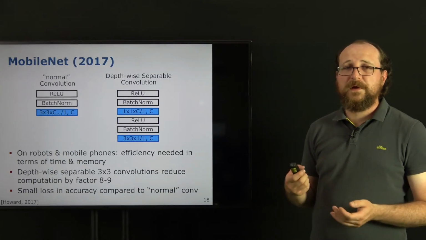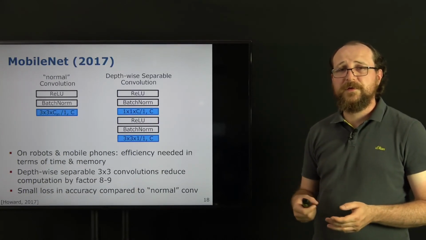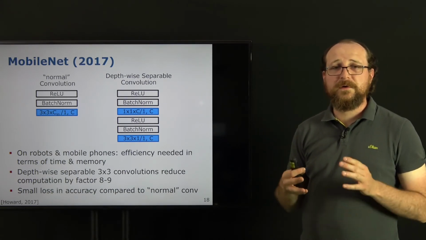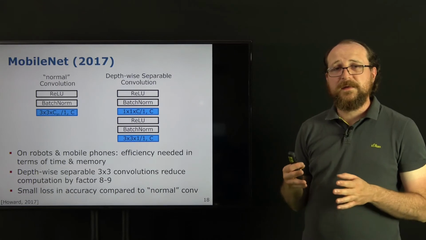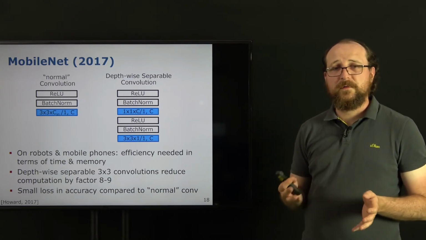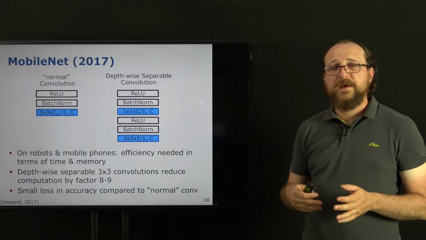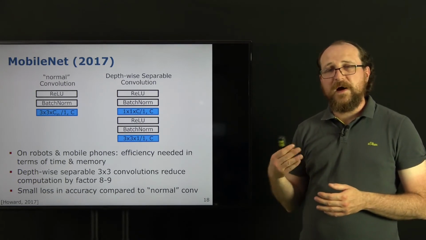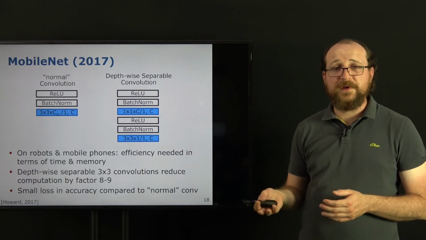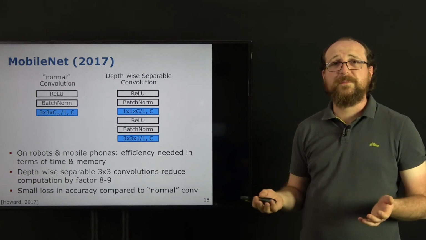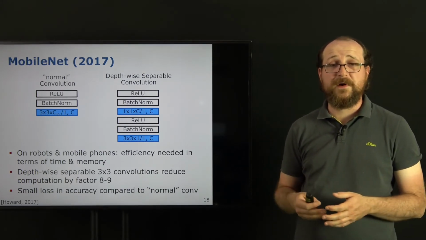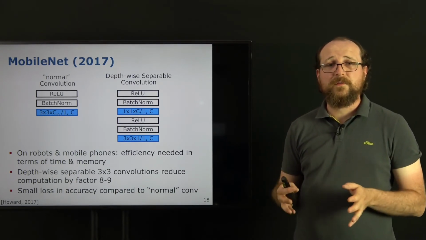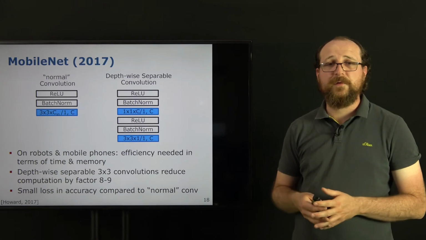So this is what we are interested in, basically having an efficient network which is also capable of running on embedded devices like mobile phones or robots. And this should be efficient in a way that it can be computed fast, so the computation time should be efficient, but also the memory size. We don't want to spend so many parameters, because this is a constraint that we have on robots and also on mobile phones.